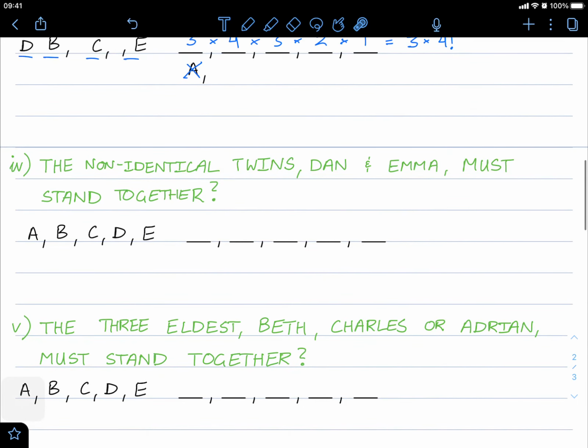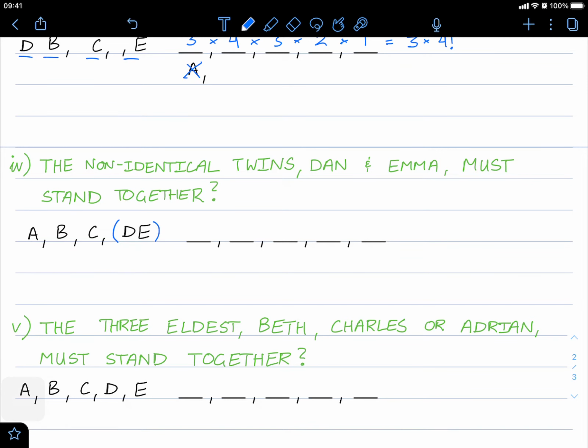Let's do another one. Here's where it gets rather difficult. The non-identical twins, Dan and Emma, must stand together. So Dan and Emma must now stand together, no matter what.